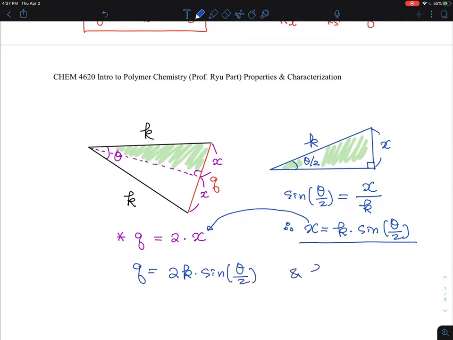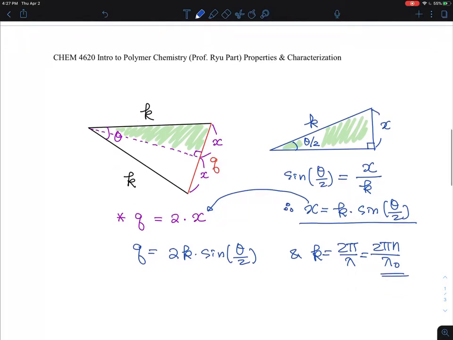And what did I learn about the K? That's 2 pi over lambda, or 2 pi n over lambda naught. And everything is an intrinsic property of the system. So then I can use this data to plug it in.